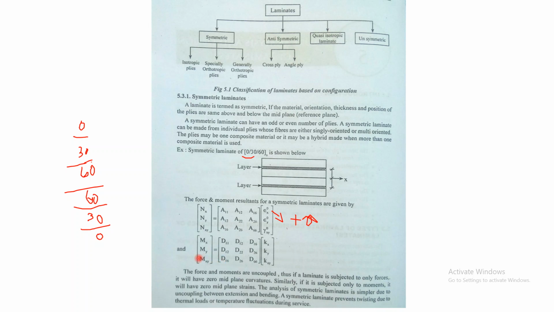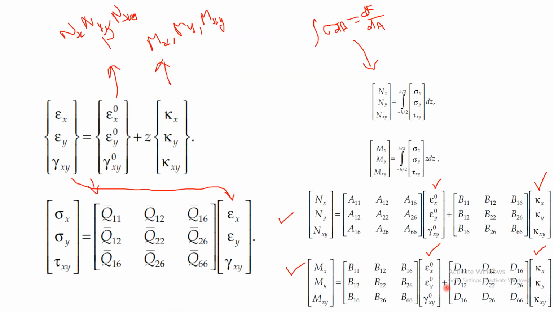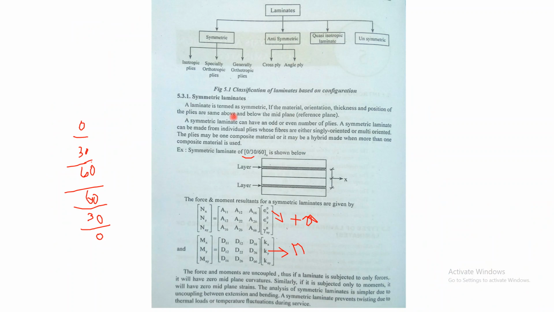In the same way, when you have symmetric laminates, the bending moments depend only on the strains due to the moment. They don't have any effect from the strains epsilon x naught, epsilon y naught, and gamma xy naught. That is the meaning when you go for symmetric laminates, and this is the theory represented here.